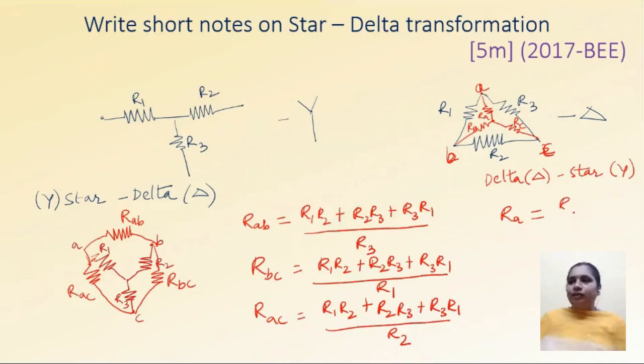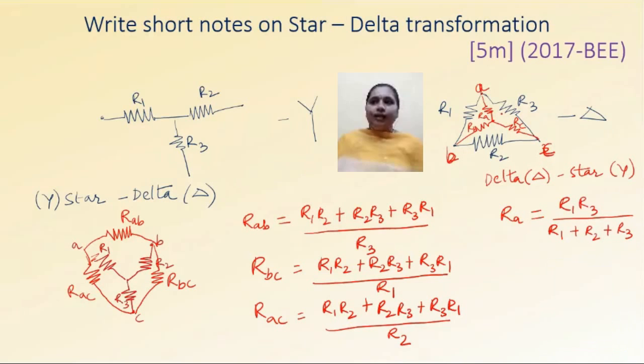So multiply the two resistors, divided by the summation of all the resistors, and that will give you the value of RA. Similarly, RB. What are the resistors connected to point B? R1 and R2. So R1 R2 divided by the summation of all the resistors.